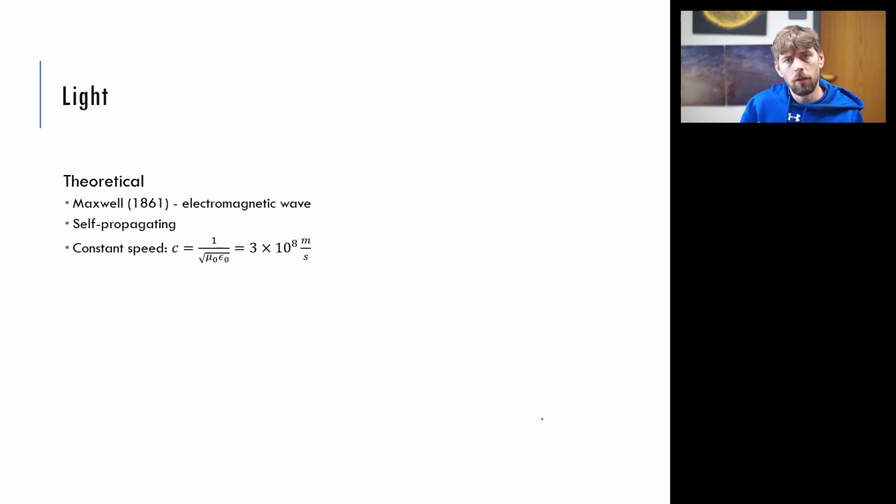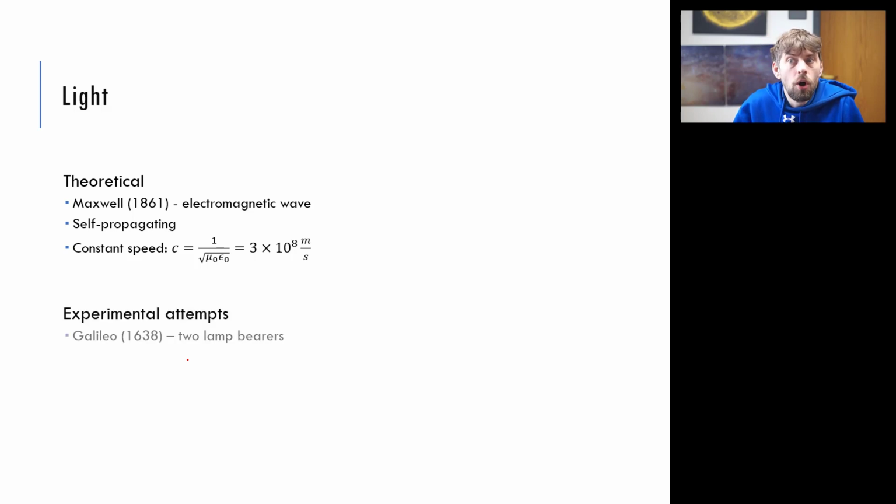So Maxwell puts this all together, and he has a theoretical framework which suggests that light travels at a particular speed in vacuum. Okay. Now, this is a theoretical framework. Where we really come down with it is that the speed of light was already known at that time.